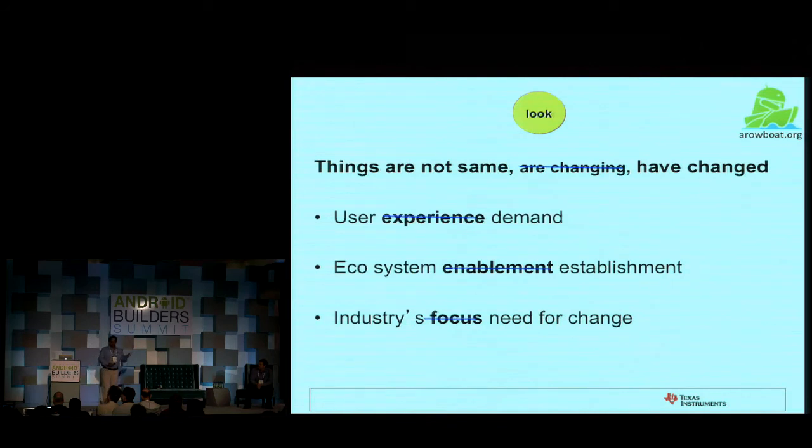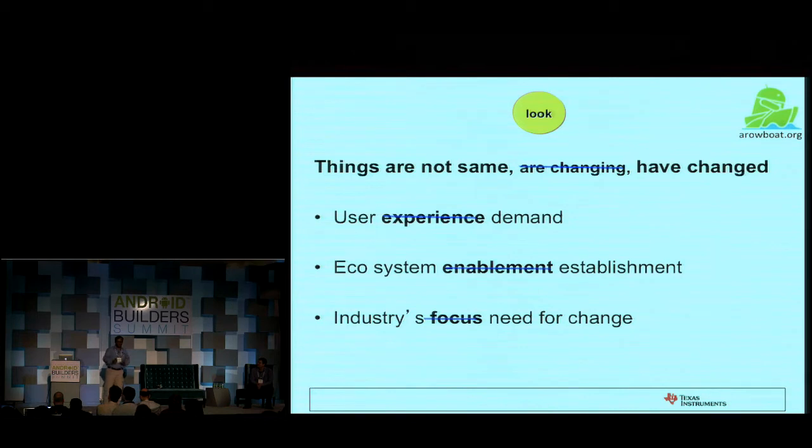After stopping, if you take the big picture and then look deep, things are not the same. They are changing, or I would say they have already changed. Users today demand experience. It's not like we weren't working on user experience before, but users are now demanding it. And ecosystem is not about enablement. Earlier we used to think about how to enable an ecosystem. Today the ecosystem is established.